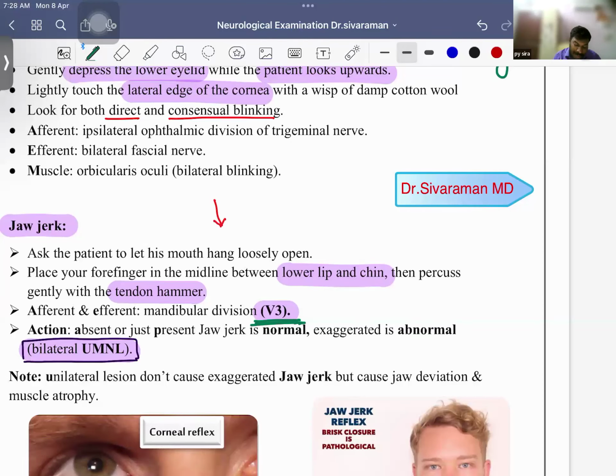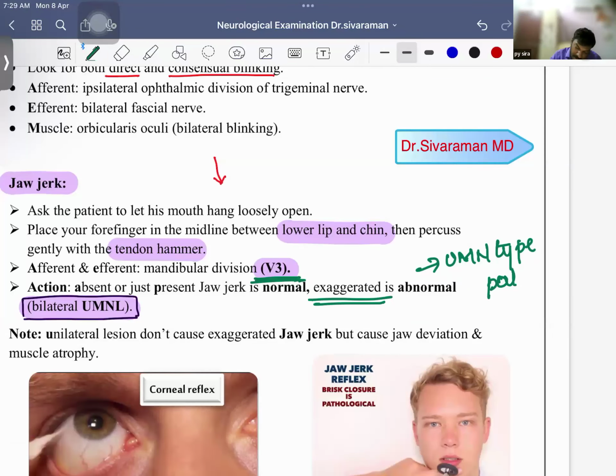Whenever it is absent, it is normal, or a little less significant. But whenever it is exaggerated, it is an upper motor neuron type of fifth nerve palsy.